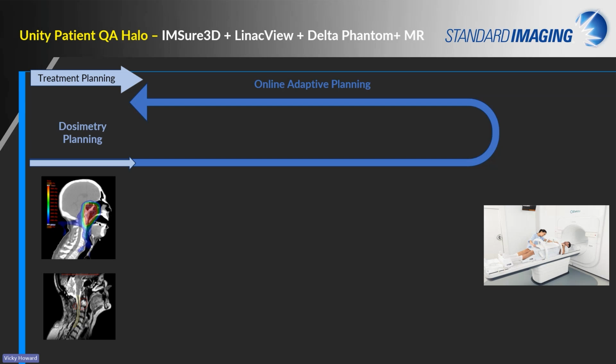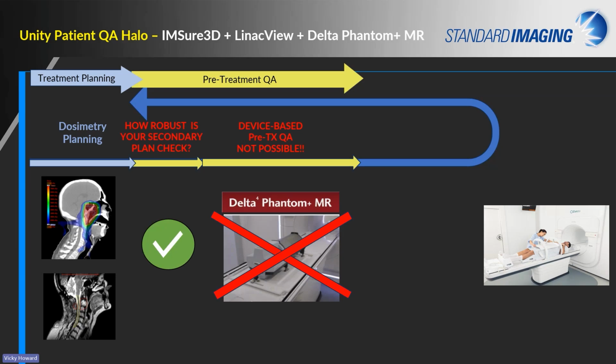So with our Unity patient QA Halo solutions with IMSure 3D and LinacView, we can help automate and streamline that QA process and elevate it to a quality level that makes you feel confident in the fact that you're not able to do your traditional pre-treatment QA in those workflows. Because, of course, while the patient's on the table, you can't put a device on the table to do that.